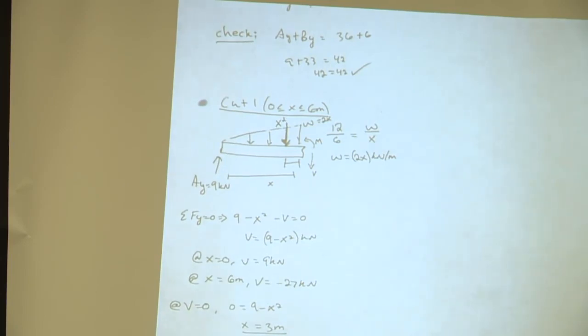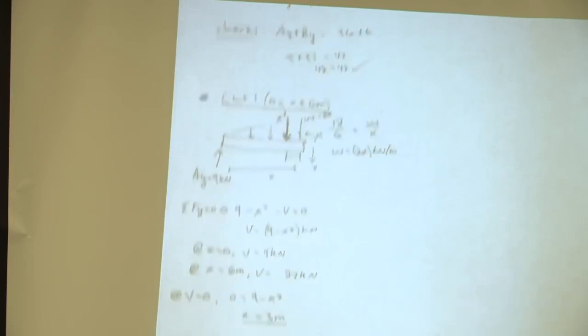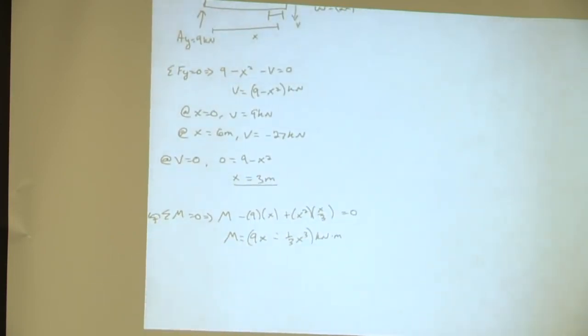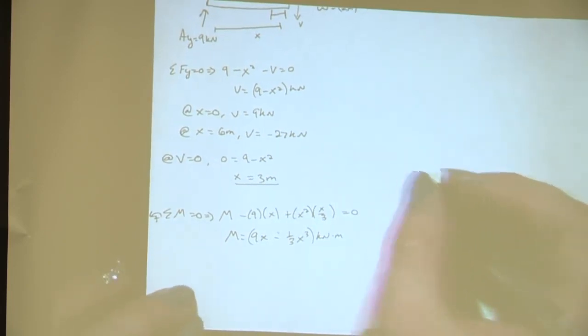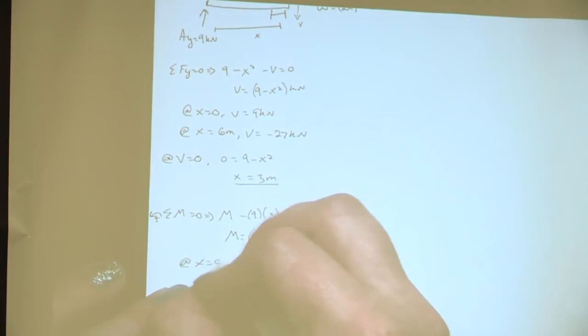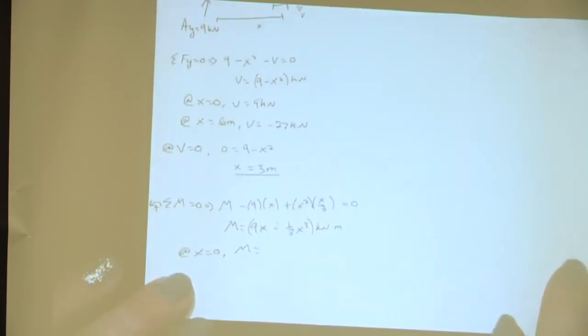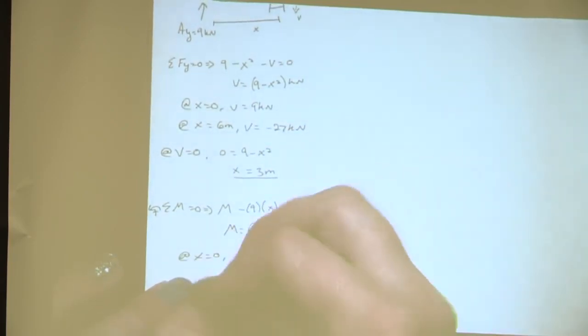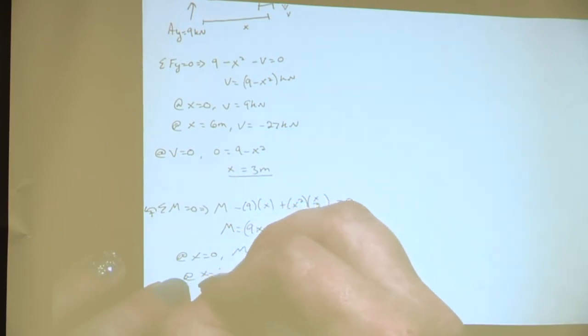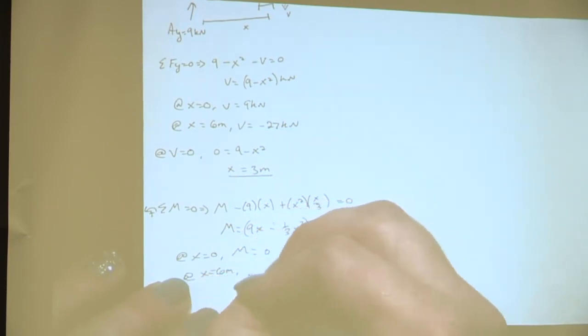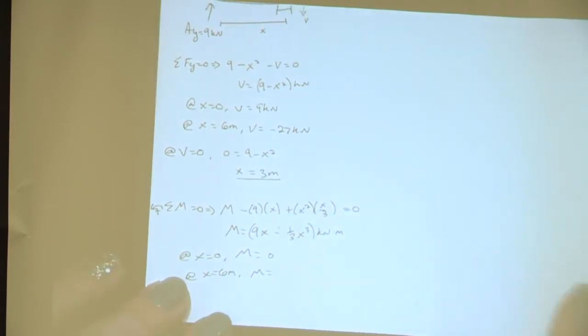Okay, so what do we do with this equation? Plug in 0 and 6. At x equals 0, M is equal to 0. At x equals 6 meters, M is equal to what?